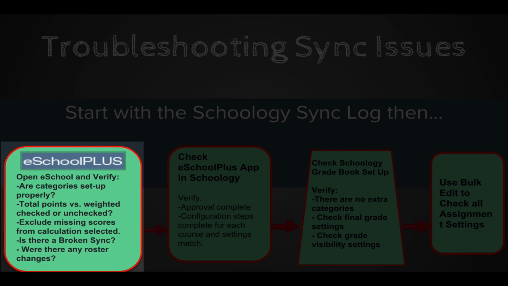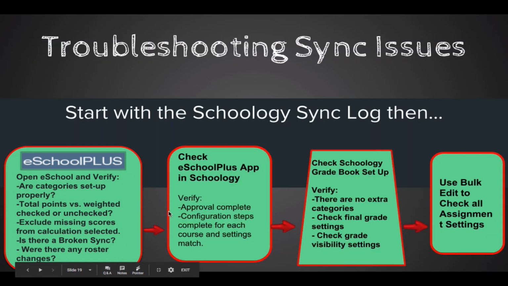What you have to do is delete the assignment and then resync it again. Something else I want to mention is, are there any roster changes? Meaning, was a student dropped? The way that affects things is when you want to delete an assignment, say you broke the sync, you would want to make sure that you delete all the assignment scores, even from kids who have dropped.